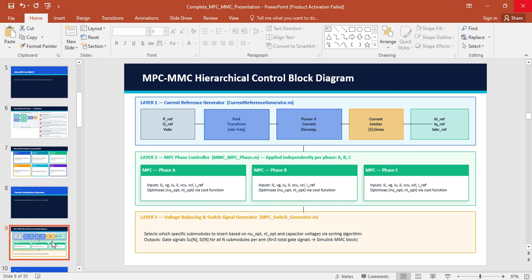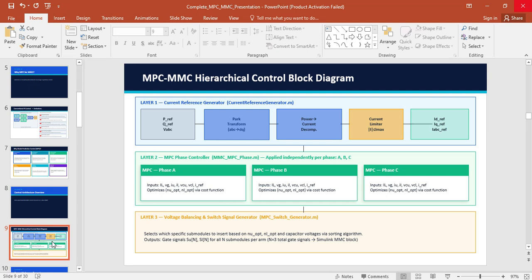Then there is a power current decomposition. Then there's a current limiter decided by the IMAX. Then it gives the ID, IQ and IABC ref. ID and IQ are just for measurement purposes, just to see what outputs are coming, whereas the IABC ref will go into the separate phase in layer 2.